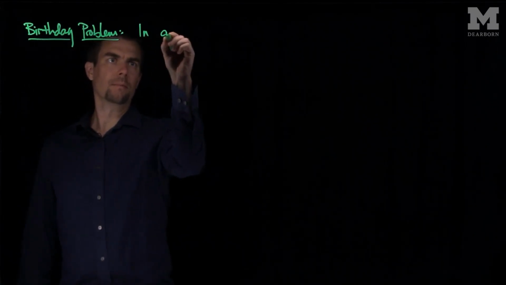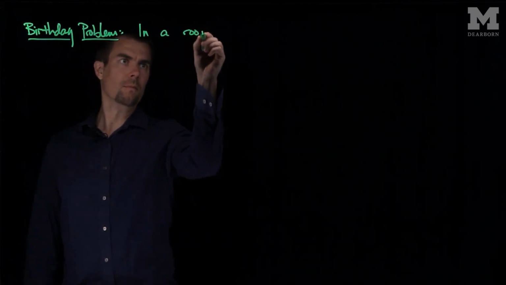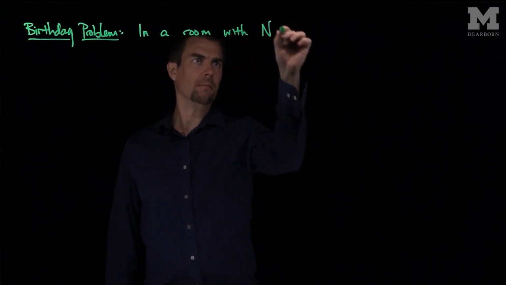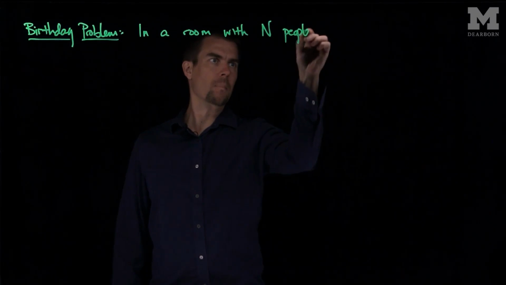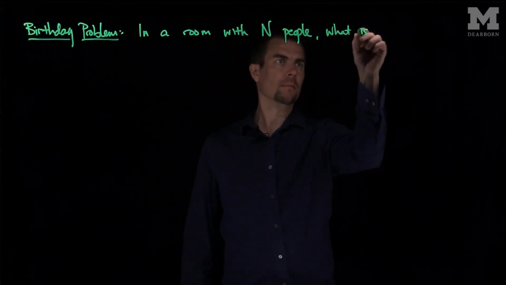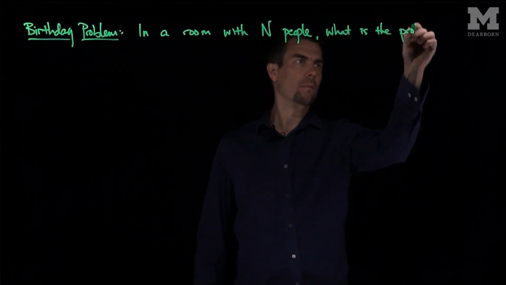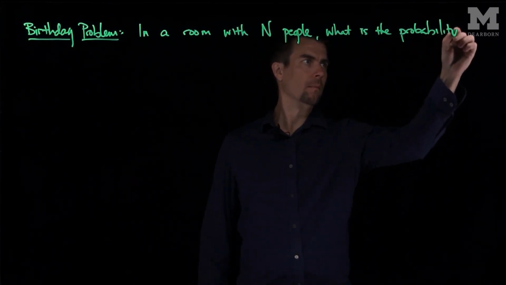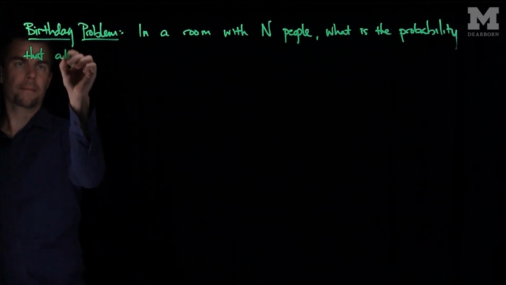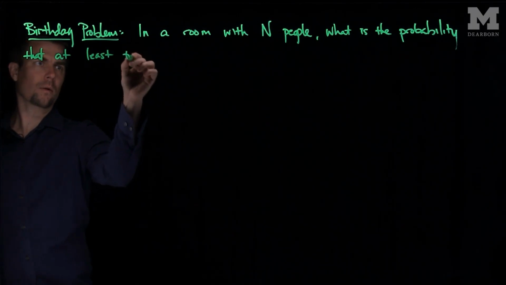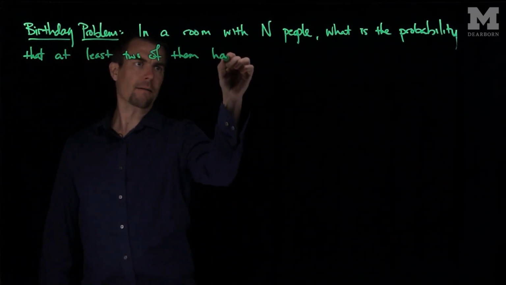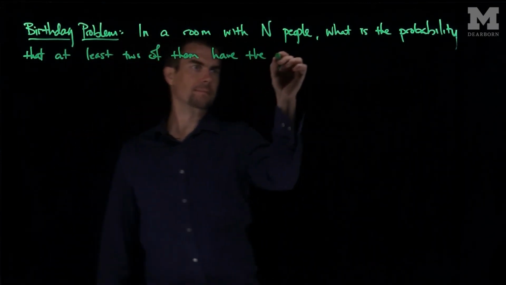In a room with n capital people, what is the probability that at least two of them have the same birthday?